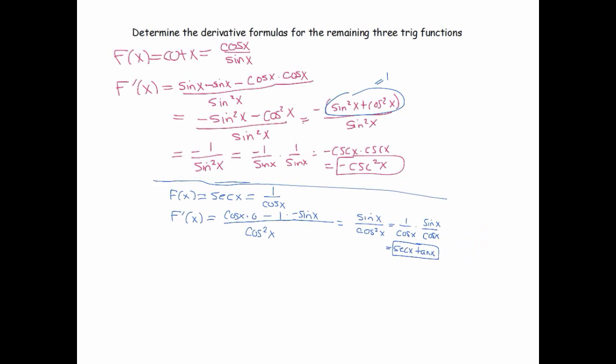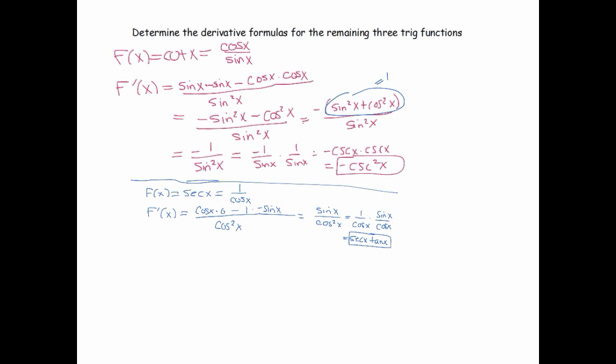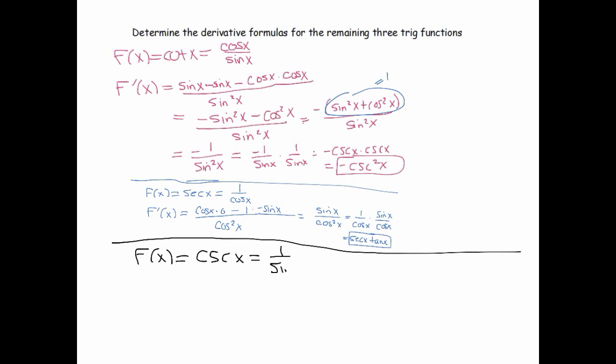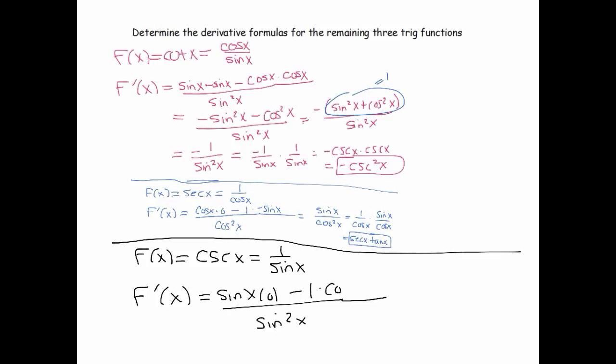And our last one we've got is cosecant. So if f of x is cosecant, then I'll want to write that as 1 over sine, and then use the quotient rule. So sine squared, sine of x times the derivative of the top, which is 0, minus the top times the derivative of the bottom. And the numerator becomes negative cosine of x, and the bottom is sine squared.